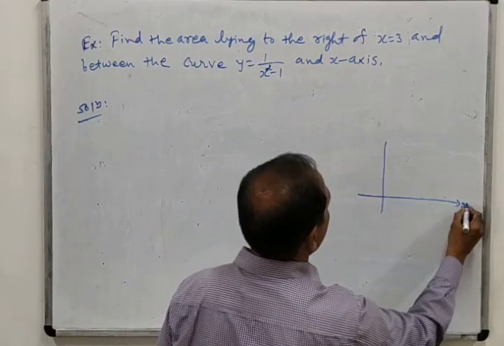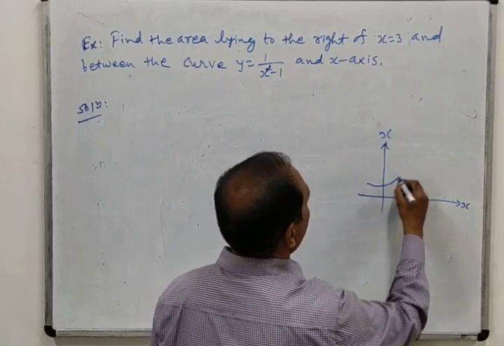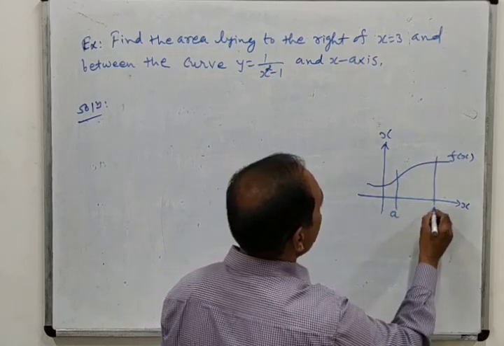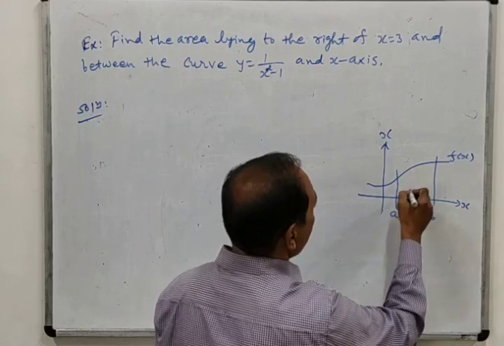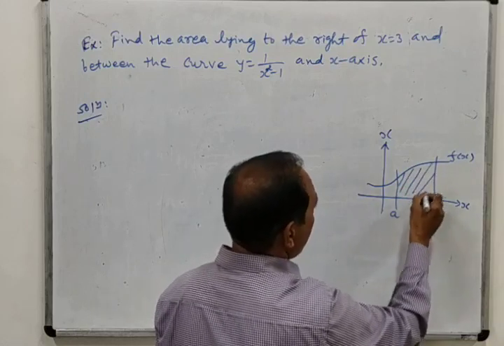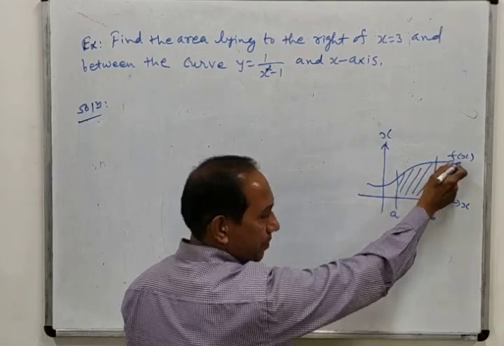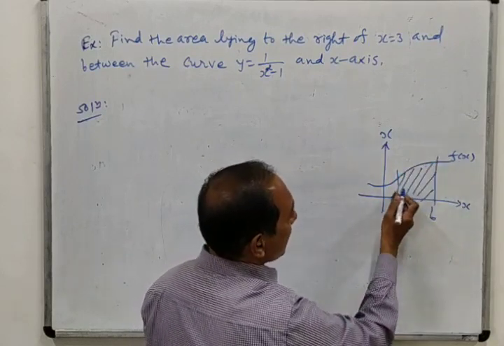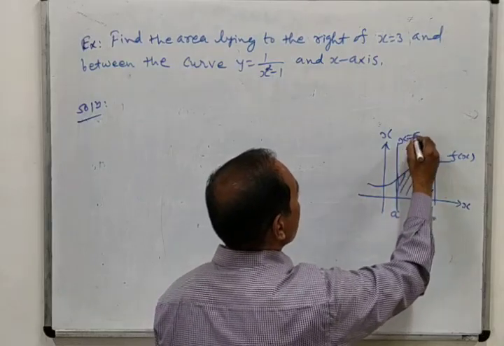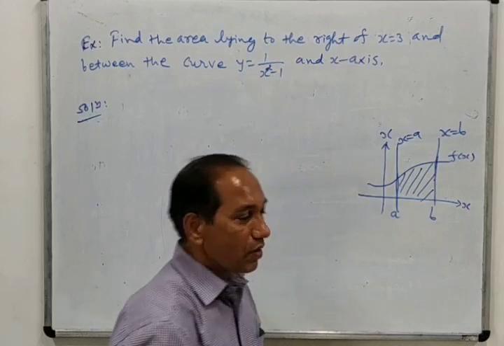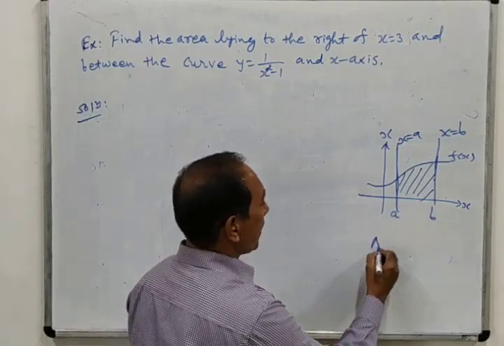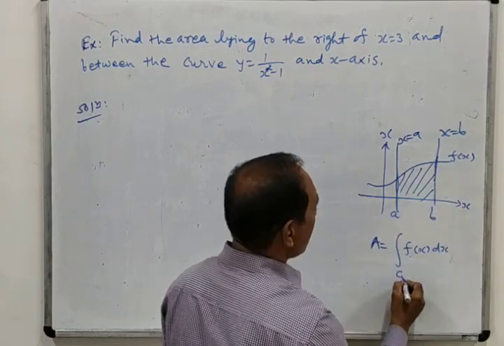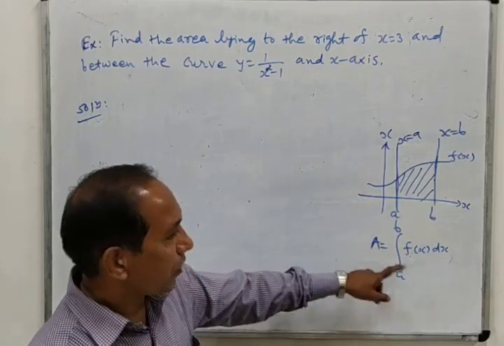If this is the x-axis, this is the y-axis, and this is the graph of the function f(x), and we are considering the limits from a to b, then to find the area below the curve f(x) and above the positive x-axis, between x equal to a, this line, and x equal to b, this line, we have the formula: simply integrate the function f(x) with respect to dx between the limits a to b. This way we can find the area A.